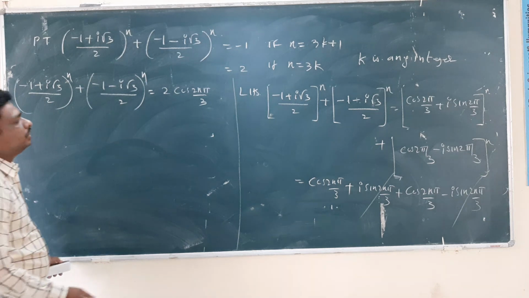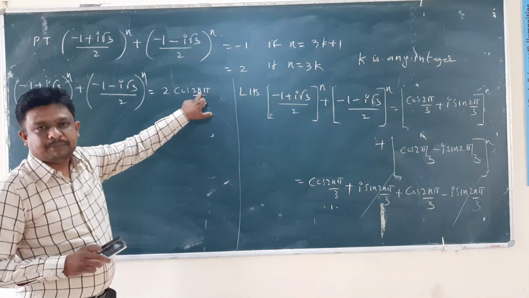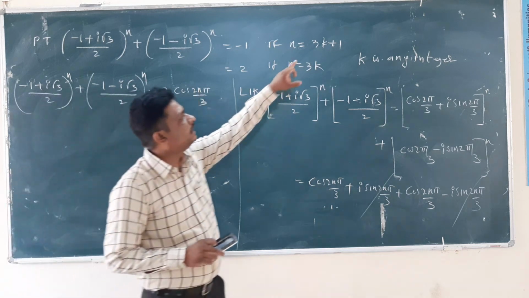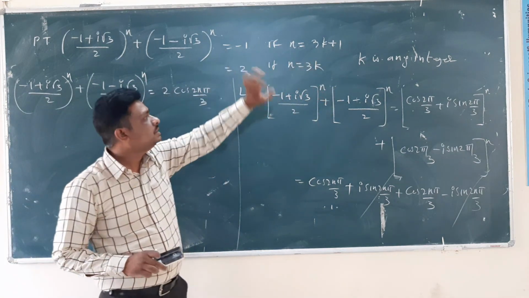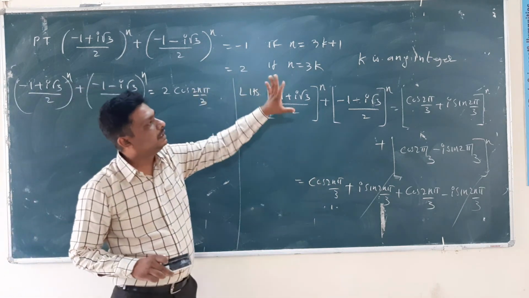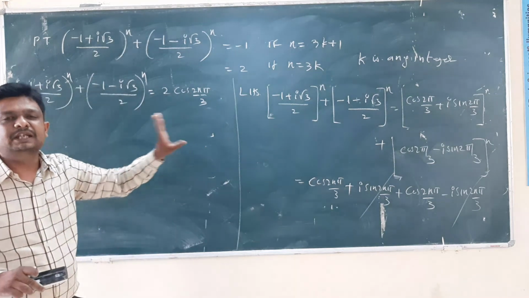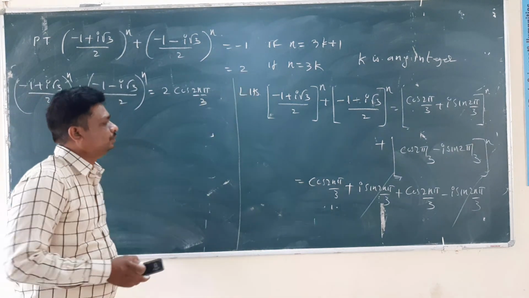So here we can see, if I take n equal to 3k+1 and put k as any integer, I am going to get the value as -1. Similarly, if I put n equal to 3k and take any integer value for k, again I am going to get 2.